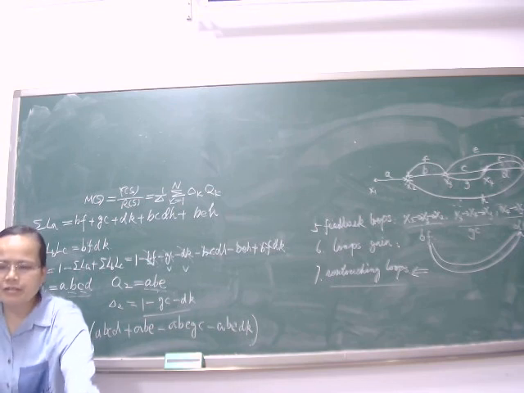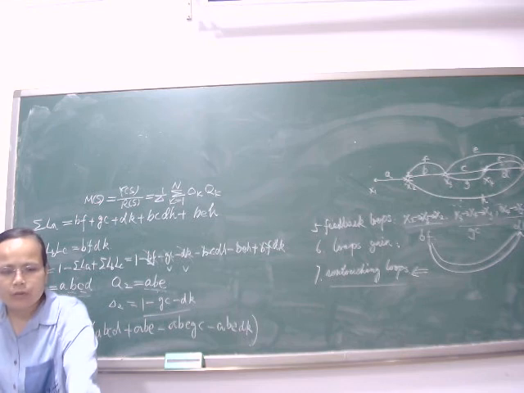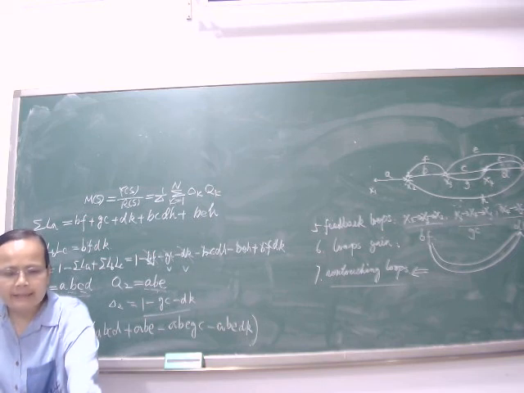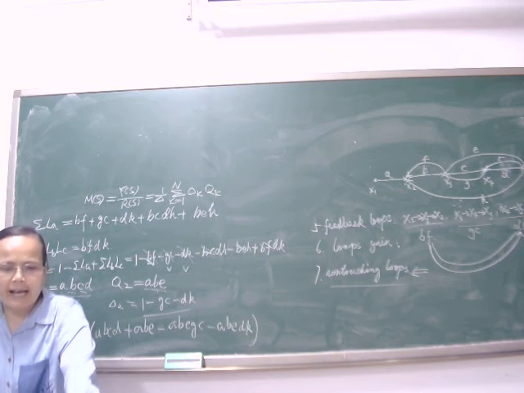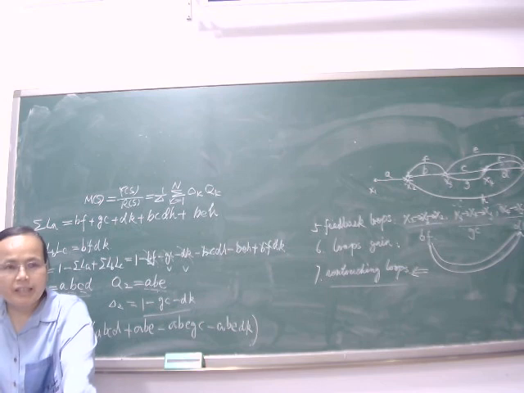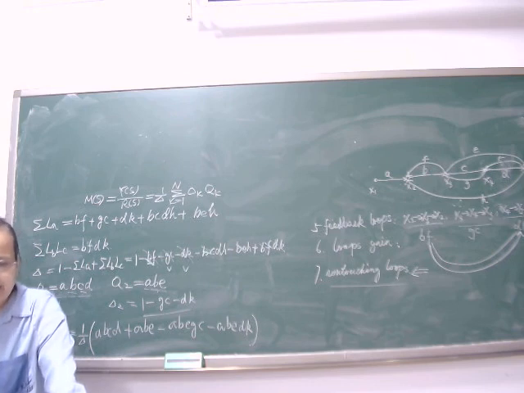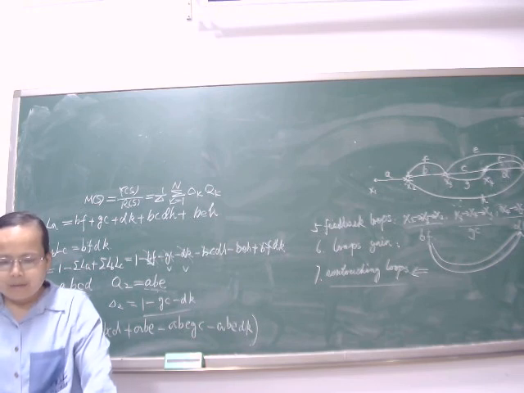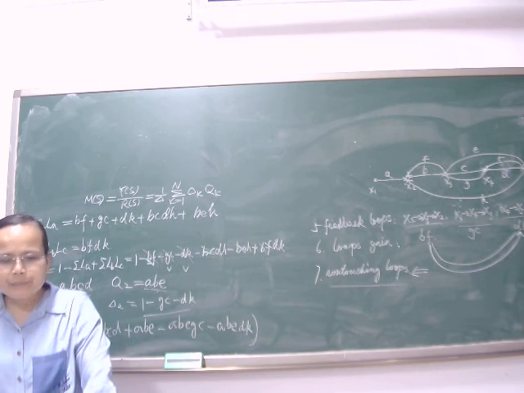So R is equal to 1 by S. For the ramp, r of t equal to t, then R is equal to 1 by S squared. And the fourth is the acceleration, r of t equal to 1 by 2 t squared, then R is 1 by S cubed.